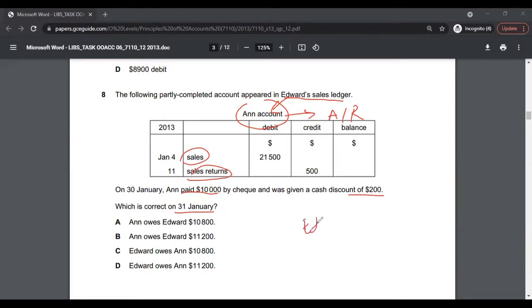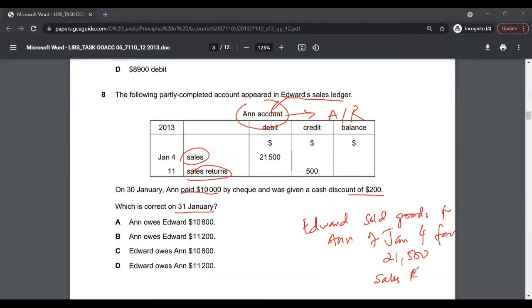So Edward sold goods to Anne on Jan 4th for 21,500, and then there was a sales return of 500. So actually the net sale figure is 21,000.